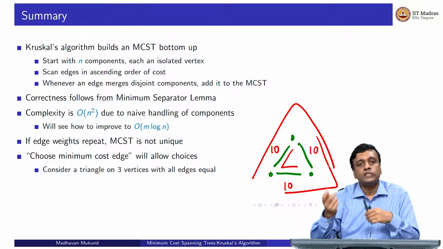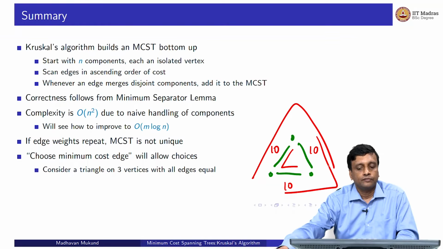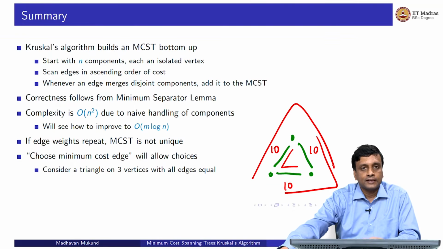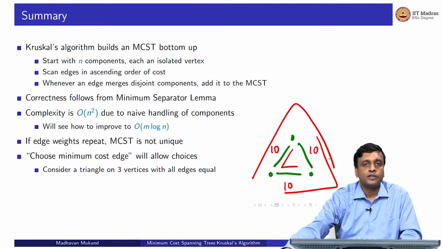So depending on which I choose as my first minimum edge to add and which I choose as my second minimum edge to add, I could construct three different spanning trees on this triangular graph. So it is not difficult to come up with examples where the choice of the minimum cost spanning tree is not the same across iterations of the algorithm, and therefore Kruskal's algorithm and Prim's algorithm may find different spanning trees. But if they are all distinct, then the minimum separator lemma will tell you there is only one.